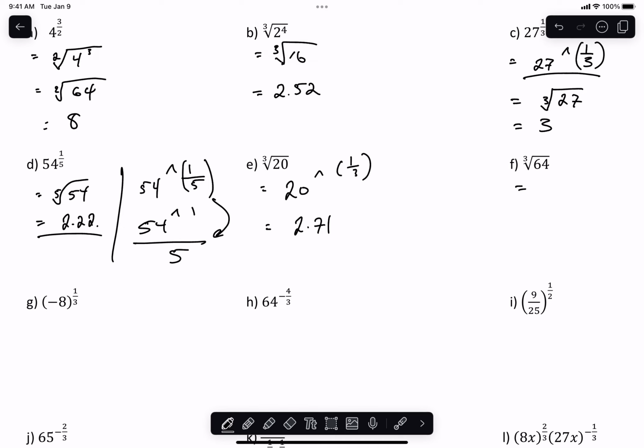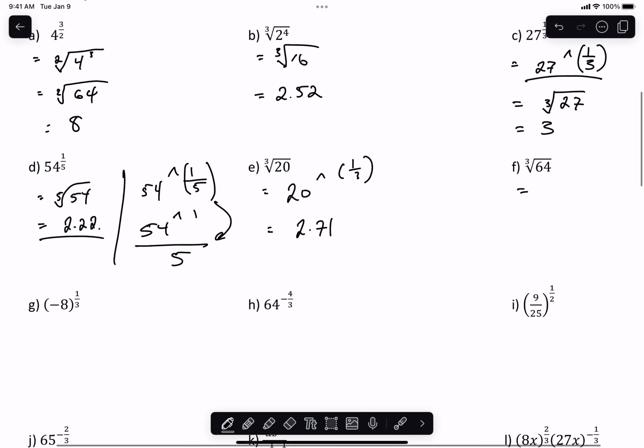Robbie says 4. Does that sound right? 4 times 4 is 16, times 4 again would be 64, I think, right? So again, you could rewrite that as 64 to the exponent of 1/3, or you could just know that the cubed root of 64 is going to be 4.